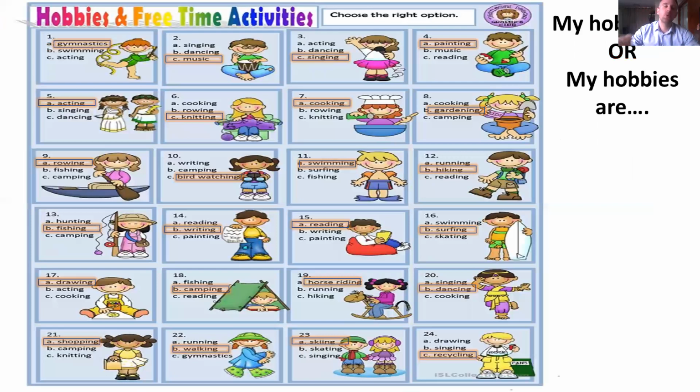Do you remember that? It was an exercise last week about many hobbies. Now you are able to use and express how to say what your hobby is, what your favorite activity after school is, or activities, because maybe you have many.